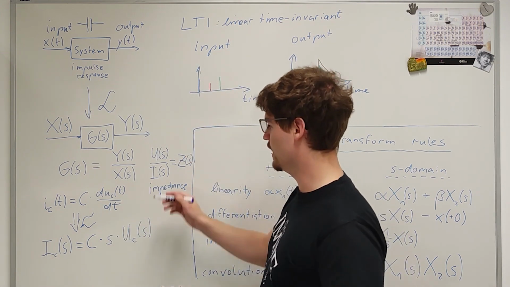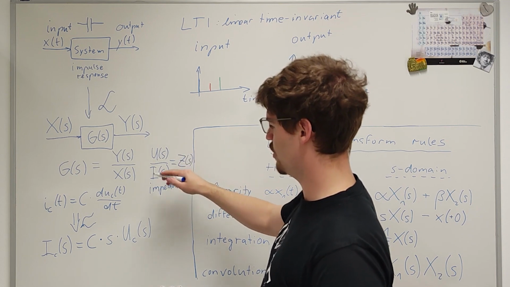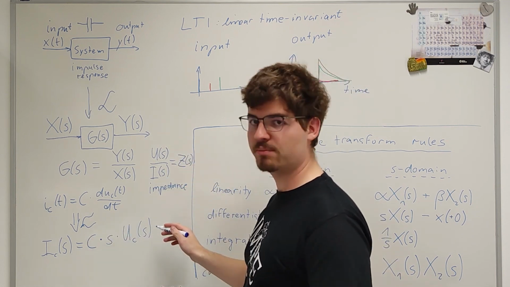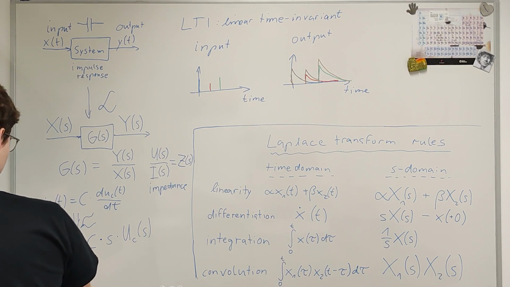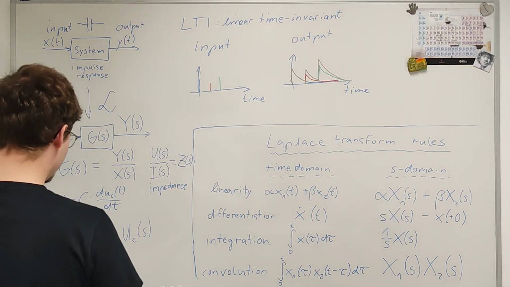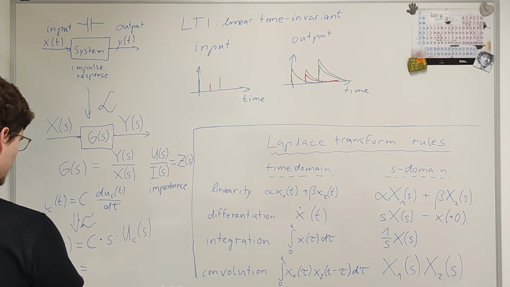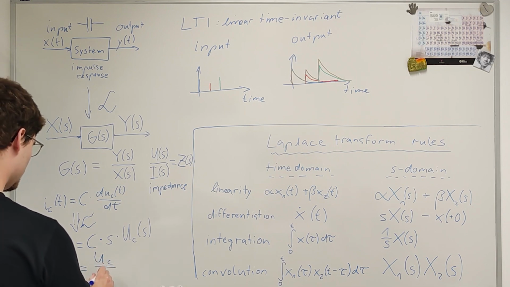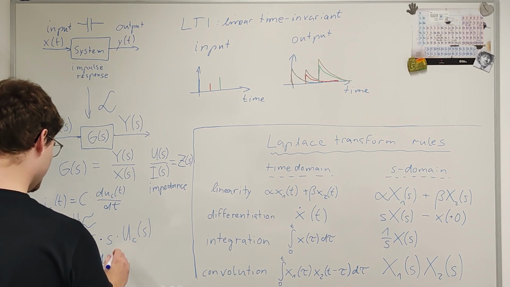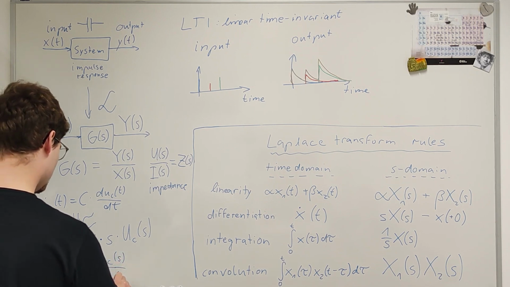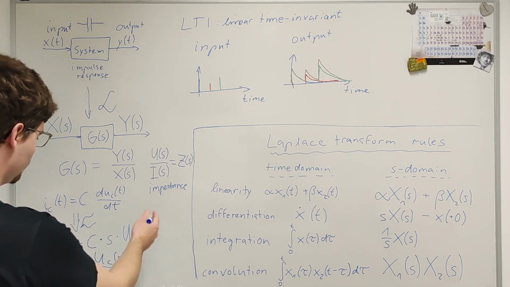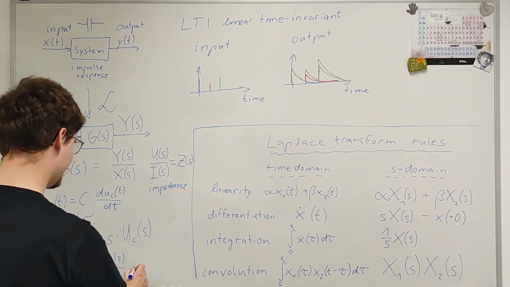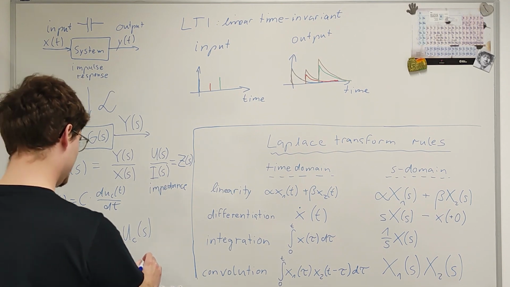And now we can calculate this quotient, U of S over I of S, very simply. And we get the impedance of the capacitor, which I will call Z of C, as U C over I C, both as a function of S. And for this we just rearrange this equation and we receive 1 over S C.